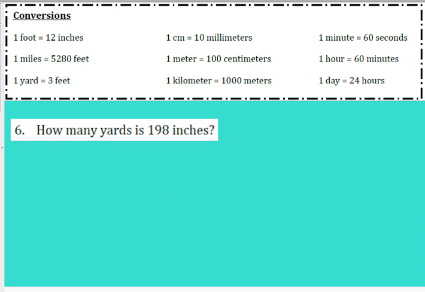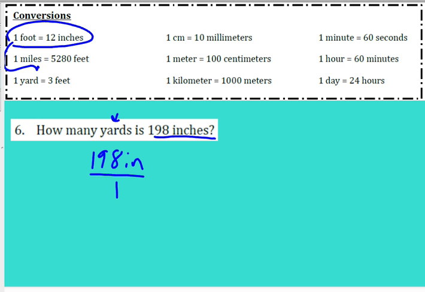Let's try another one. How many yards in 198 inches? We're going from inches to yards. So usually just take 198 inches and put that on top. This is over 1 because we're not really working with speed, just inches and yards. So first I'm going to convert inches to feet. And then I can go from feet to yards.